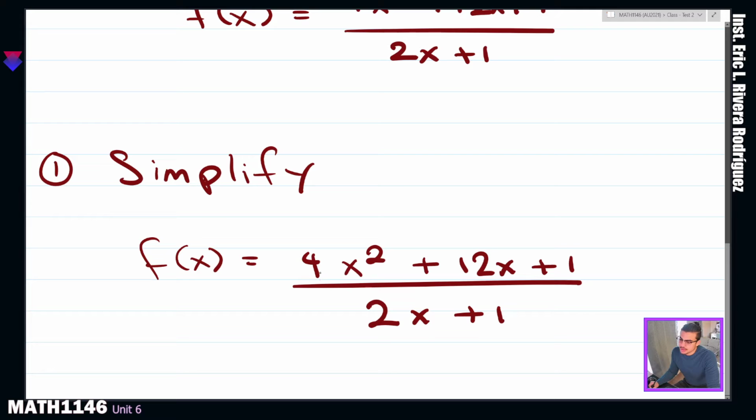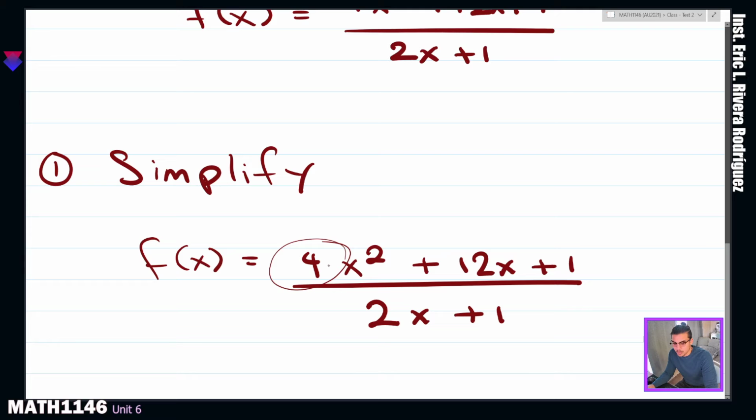And then the numerator, we have a quadratic equation in standard form with a big flag here, a big problem, a big no-no: the leading coefficient is not 1.